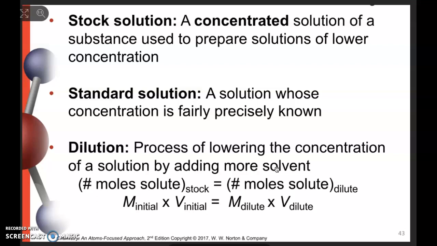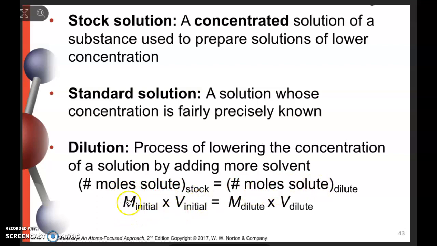So how do we figure out dilutions from these standard solutions or from these stock solutions? Well, the process is actually pretty easy. We're going to take advantage of the fact that when we dilute, the number of moles stays the same.